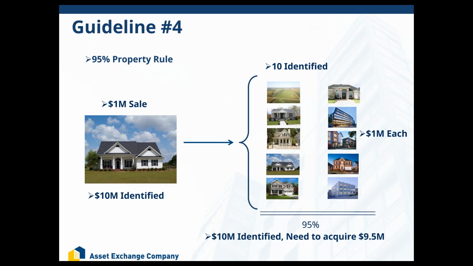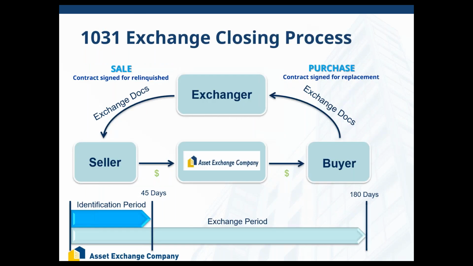Now, how does the whole closing process work with a 1031 exchange? We really don't start doing our thing until a contract gets signed on the property being sold, because the way the process starts is I need to get a copy of that contract.